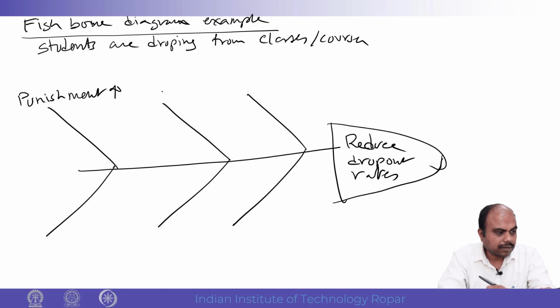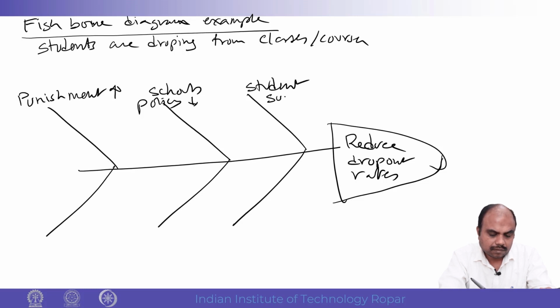Then the school's policy is not that great for a diverse group. And students don't have a support center. They also found that for small kids, they don't have daycare.